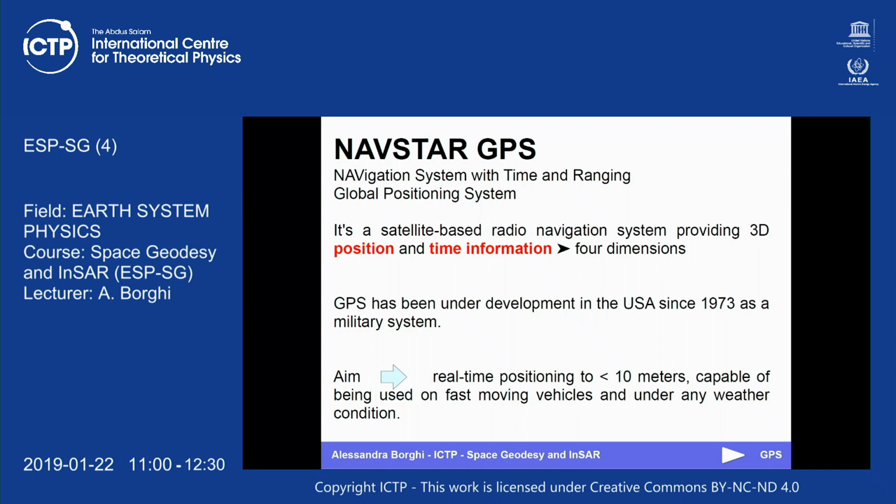For us 10 meters is too much, and as we have seen in a previous lesson, we can record velocities of some millimeters, and in some applications we can record very small deformation. But it was created for real-time positioning for our smartphone or navigator in the car.